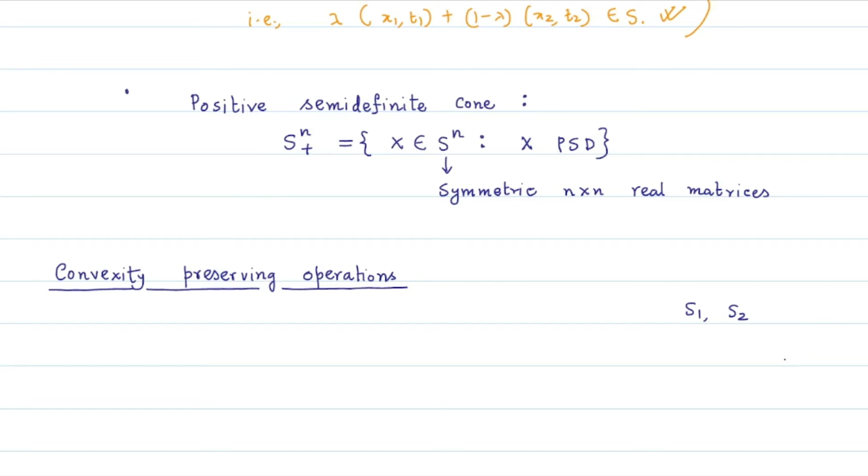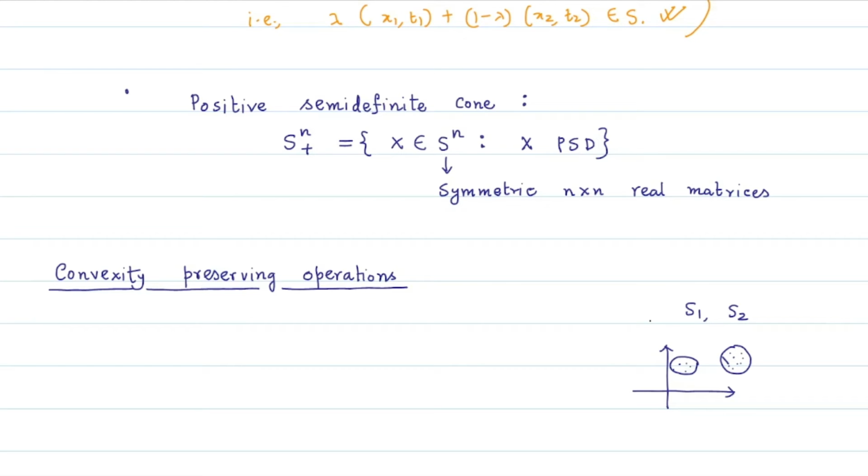You have already gotten enough hint that S1 union S2 might not be a convex set even if S1 and S2 are convex sets. You can simply take two convex sets in the R2 plane. Let's suppose you consider a circular ball and an ellipsoidal ball, which are both convex, but we notice that their union is not convex.